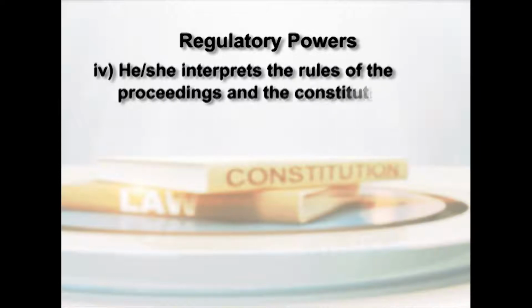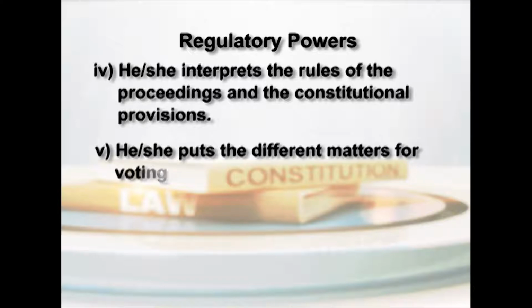He interprets the rules of procedure and the constitutional provisions for the guidance of the members of the House. The Speaker puts different matters to vote and declares the result. In case of a tie, the Speaker is also entitled to give his casting vote.